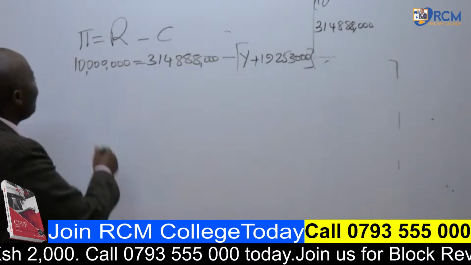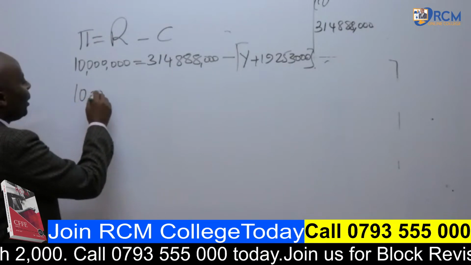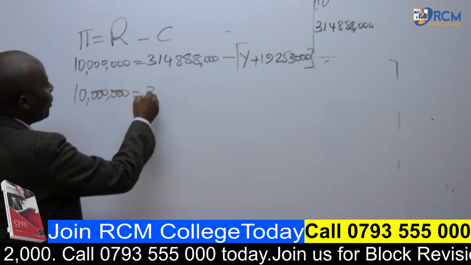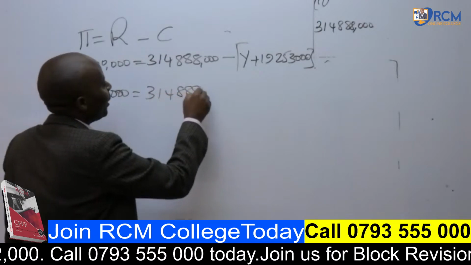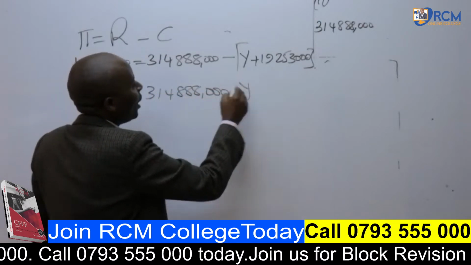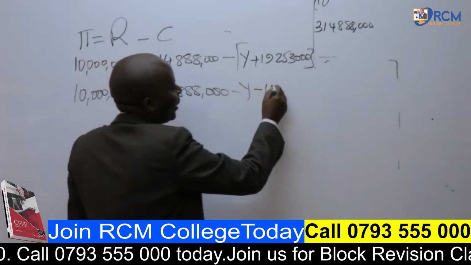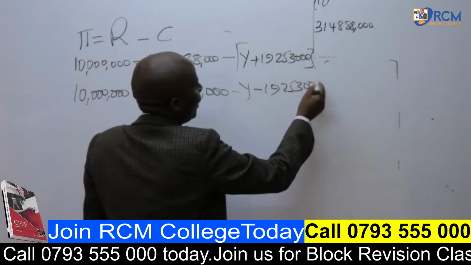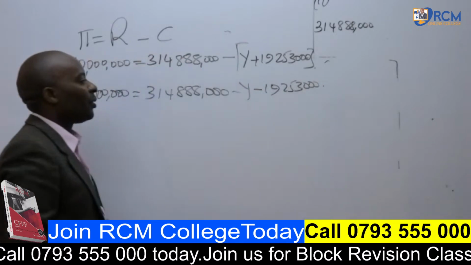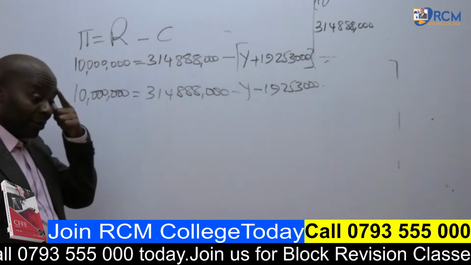So we have here 10 million shillings equals 314,888,000, minus y, because of this minus, we expect the terms there to change, minus 19,253,000, right? So please make y the subject of the formula.